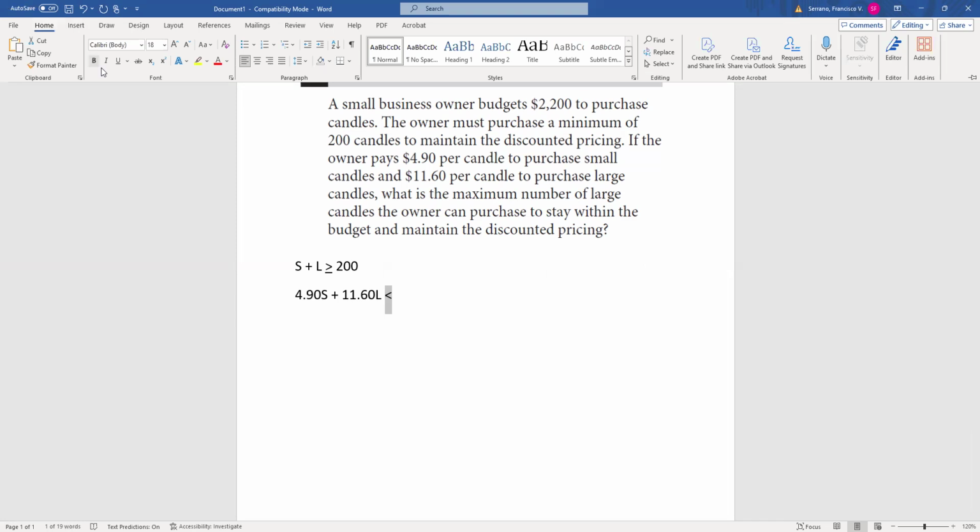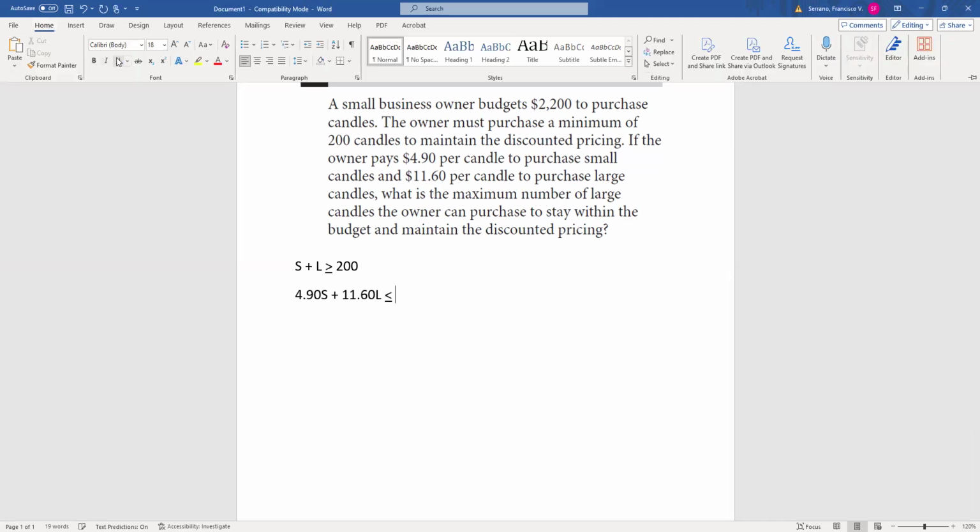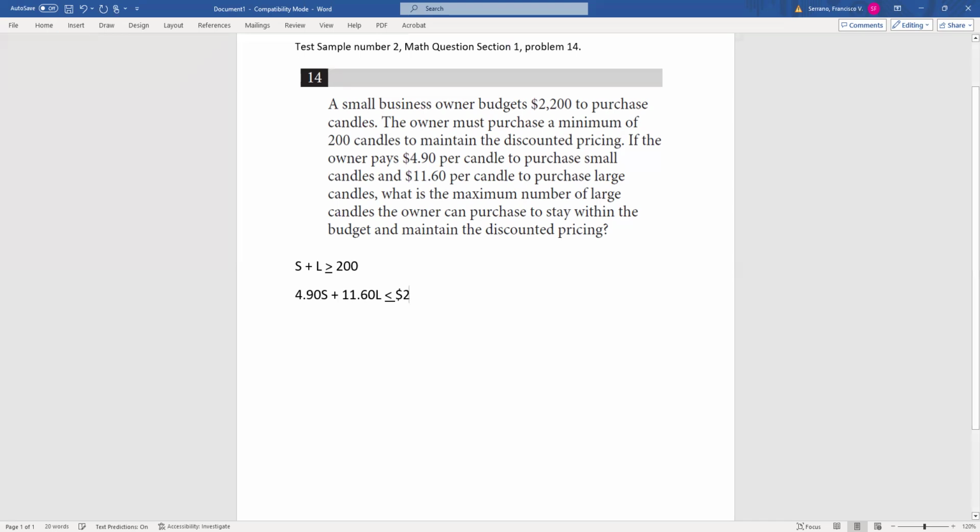So that's going to be in dollars, 2,200. Okay, so what do we do here?